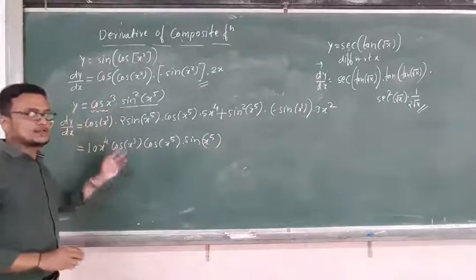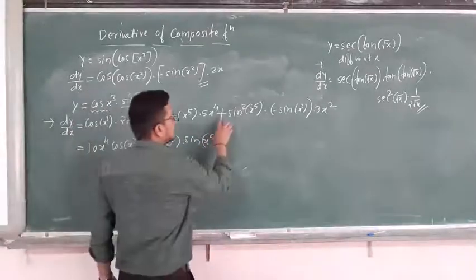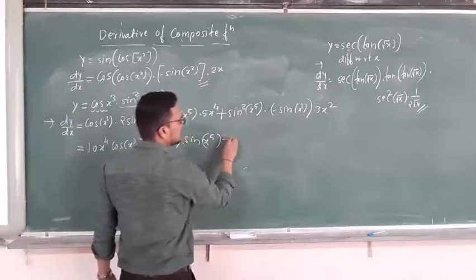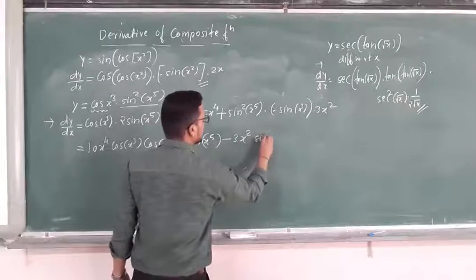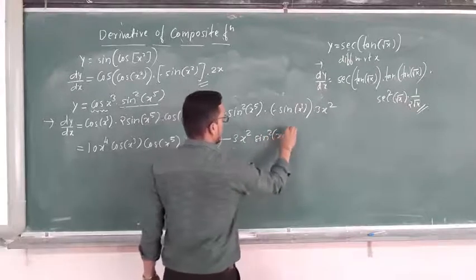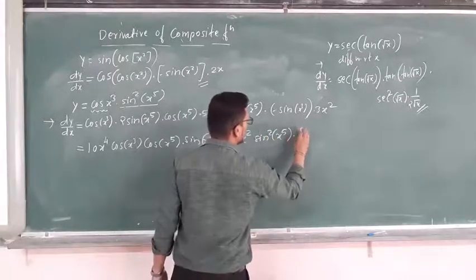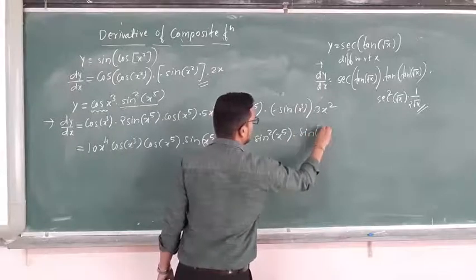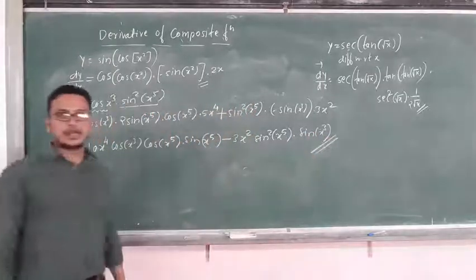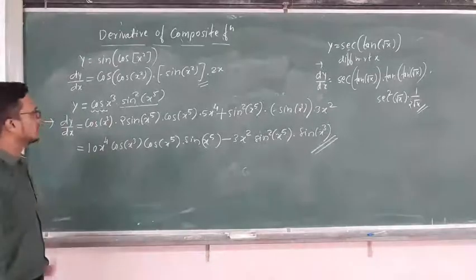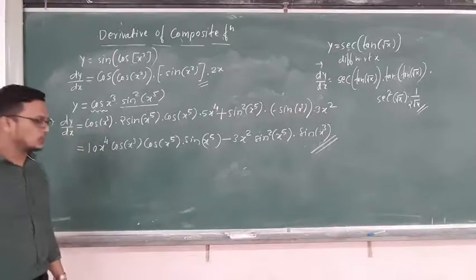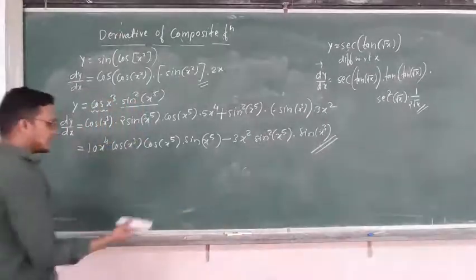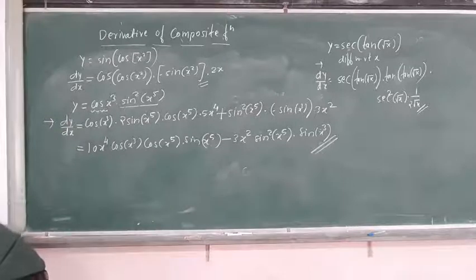I have rewritten the solution once again: plus, with minus 3x² kept first, then sin²(x⁵) into sin(x³). So this is your answer. A little bit complicated. We solved this with which rule? The product rule.